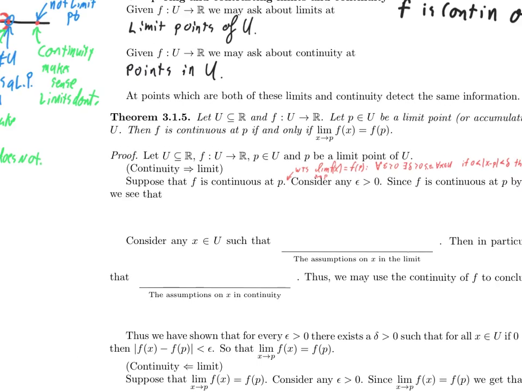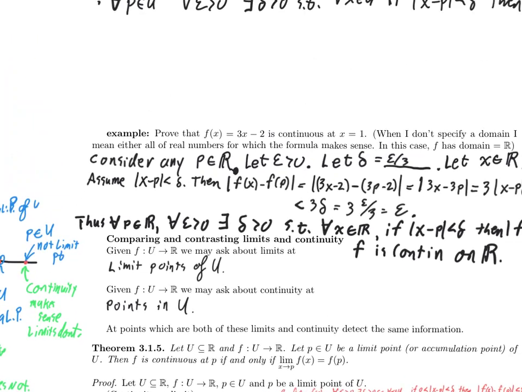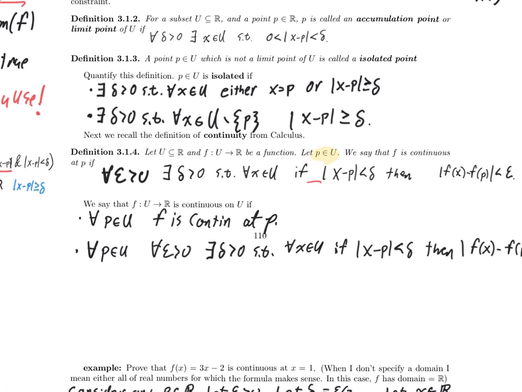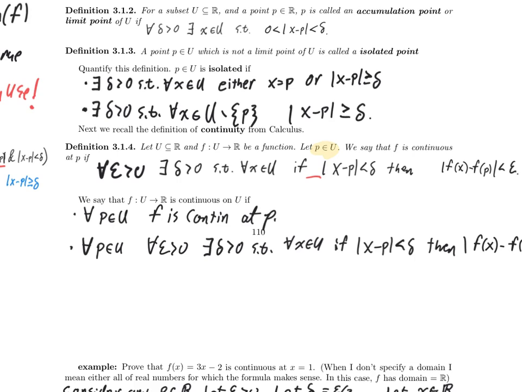The definition of continuity, let's scroll up, says some stuff, for every epsilon bigger than 0, some stuff follows. I've picked an epsilon bigger than 0, so I can just jump to the stuff that follows.